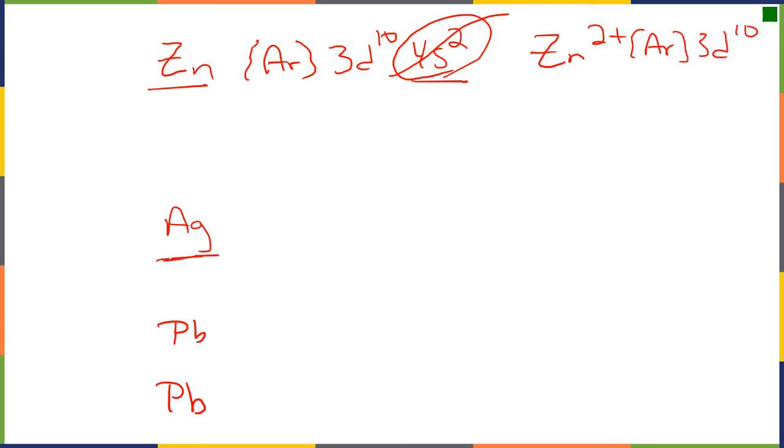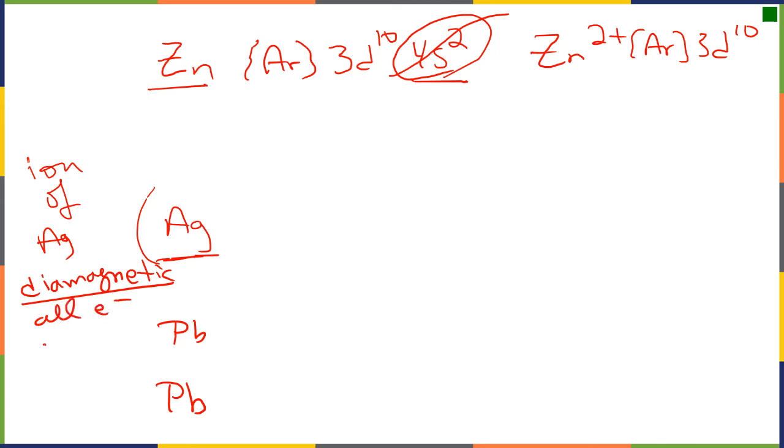Silver. Now silver, we're going to have to do a little vocab here. The cation of silver is diamagnetic. Now, diamagnetic means that all electrons are paired. Note here, the ion of zinc is also diamagnetic, but let's take a look at silver first.